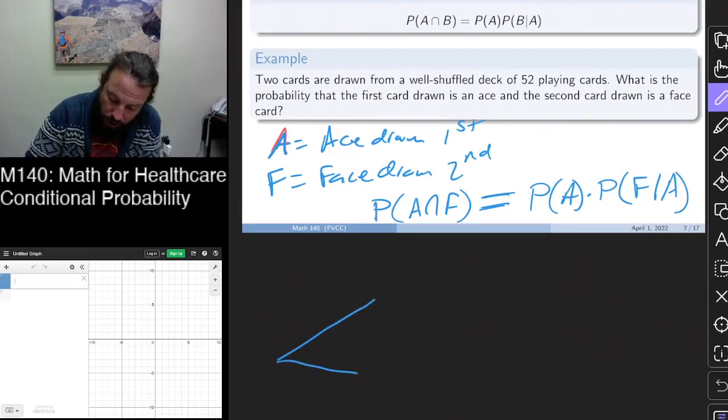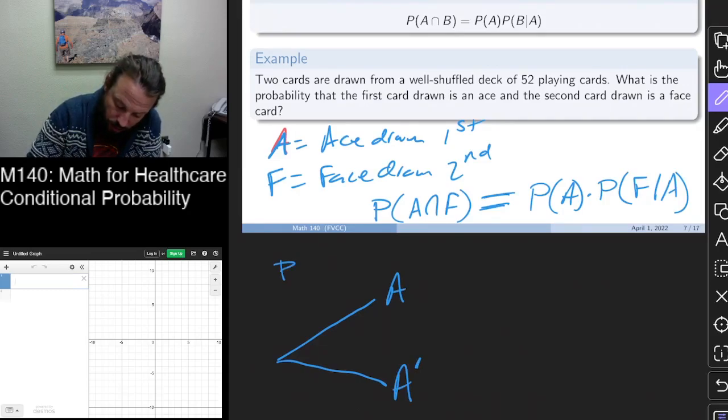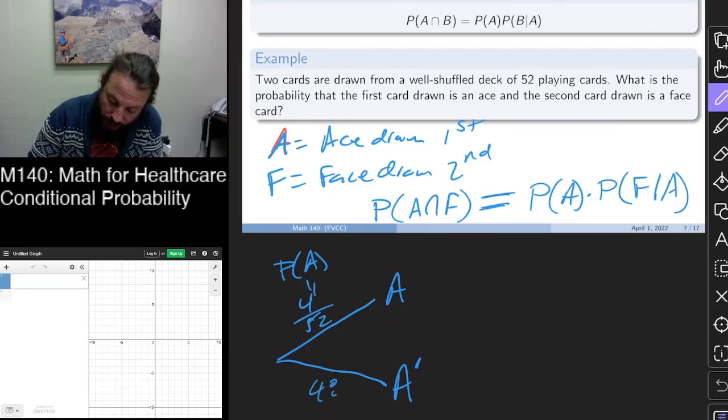We could either get an ace first, or we don't get an ace first. And we know the probability of getting an ace is 4 out of 52, which means the probability of not getting an ace is 48 out of 52. All right.